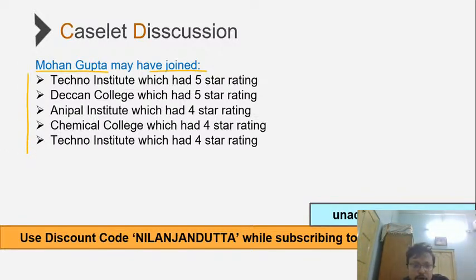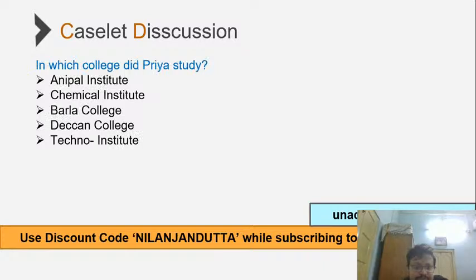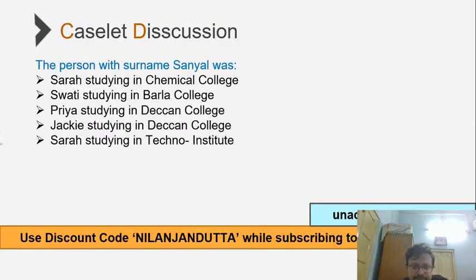So note there are few colleges with 5-star rating, few with 4-star rating. There are 2 parameters, the name of the college and the rating. The fourth one is saying in which college did Priya study?